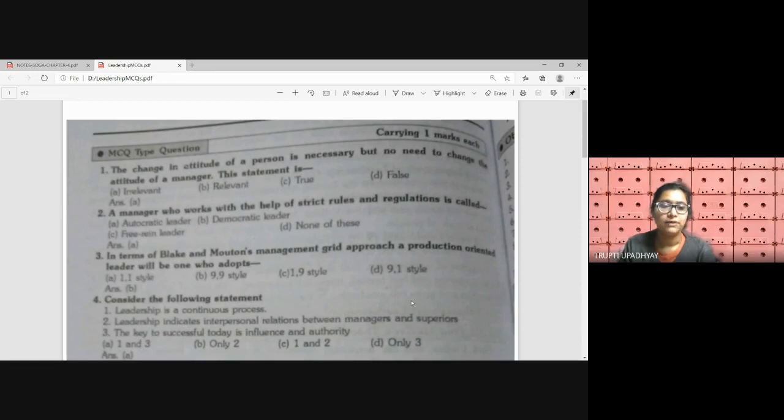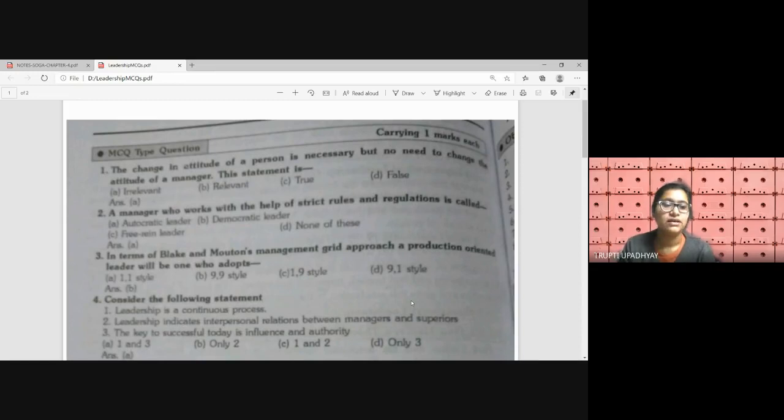Is it 1 by 1, 9 by 1, or 9 by 9? For the management grid given by Blake and Mouton, the production oriented leader will adopt the 9 by 9 style under the Blake and Mouton grid management model. So the 9 by 9 style will be adopted by the leader who has the production oriented approach. The answer is B, 9 by 9.